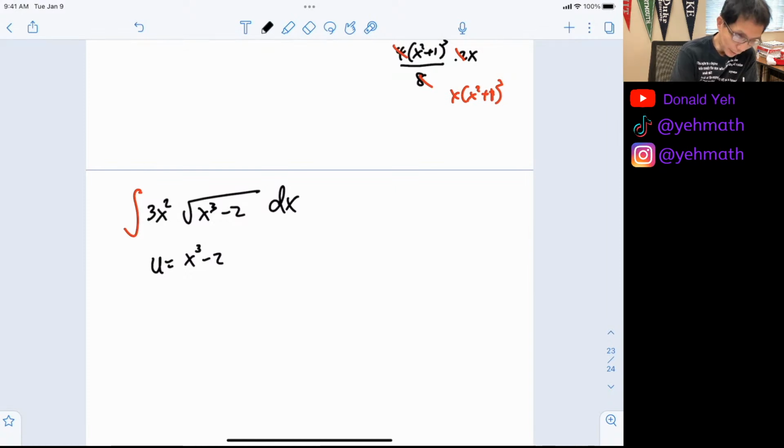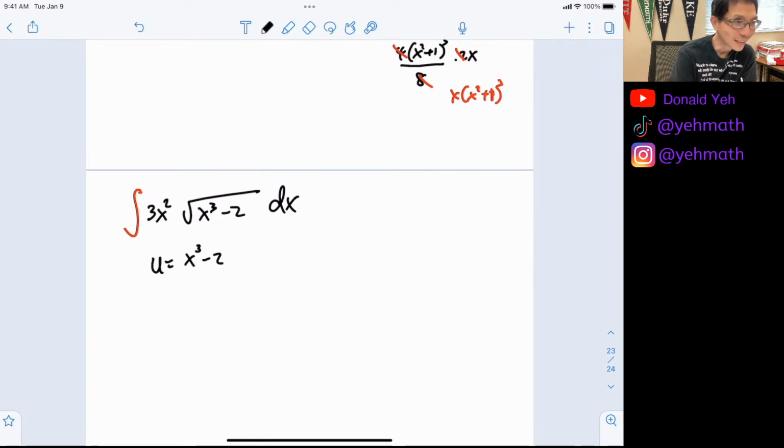Did you do u equal to x cubed minus 2, Vincent? You want to do u equal to the higher power one. I did u equal to x, not changing anything.